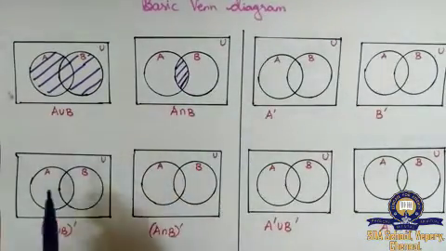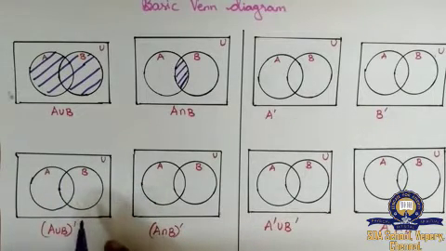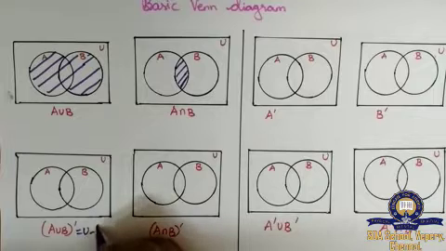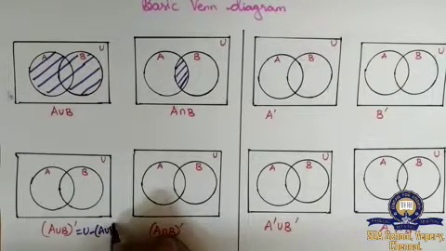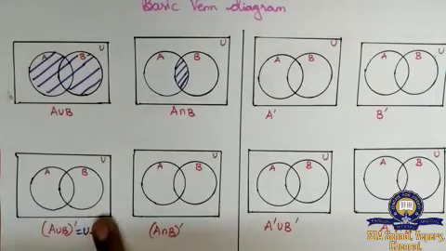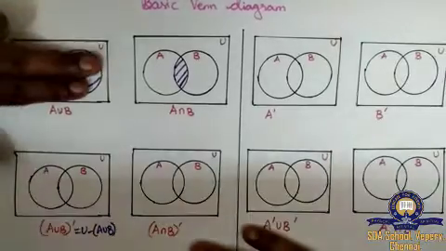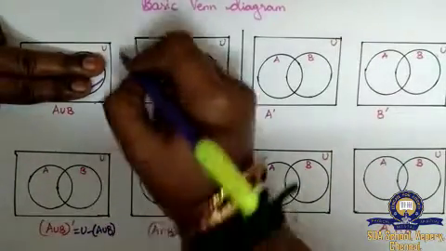Next is (A union B) dash. I've told you (A union B) dash means U minus A union B. That means after the minus symbol, you need to leave out the A union B. In the same way, I am going to leave this A union B and shade the other part.